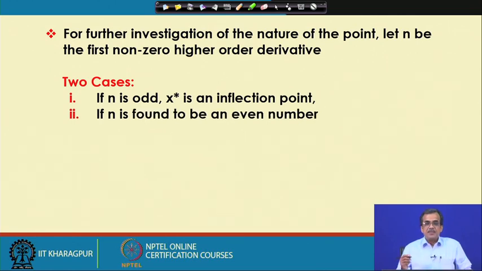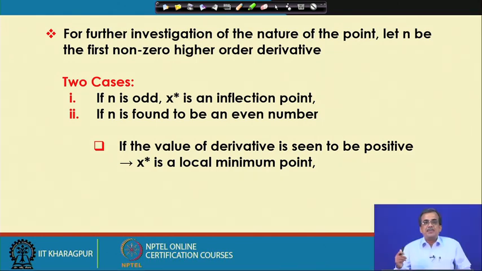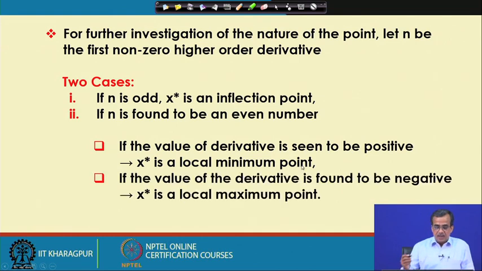On the other hand, if n is found to be an even number, there could be two sub cases. If the value of the derivative is seen to be positive, then x star is a local minimum point, and if the value of the derivative is found to be negative, then x star is a local maximum point.